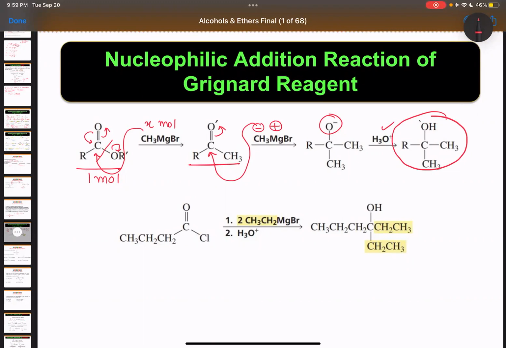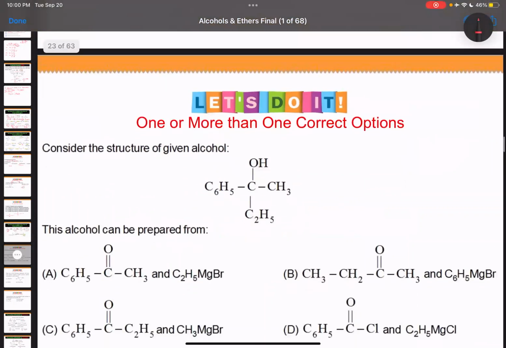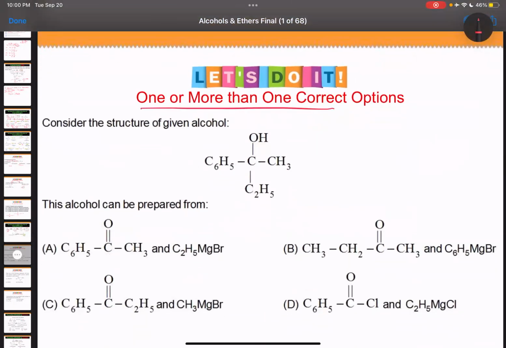Look here. In the first case, the Cl got removed, one ethyl joined. You ended up with the ketone, then a second ethyl also joined. This is one or more than one, correct?